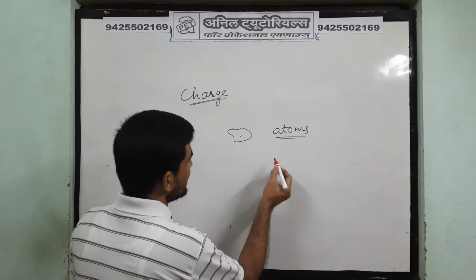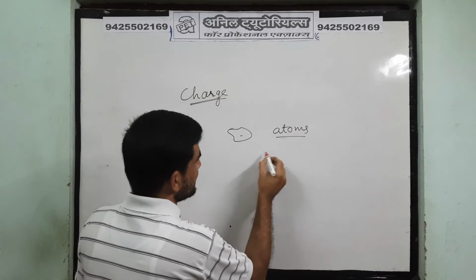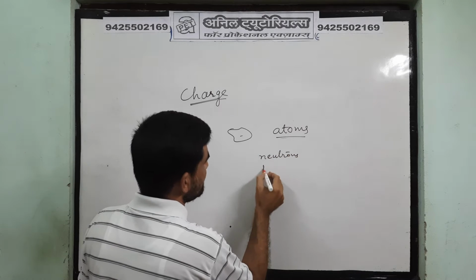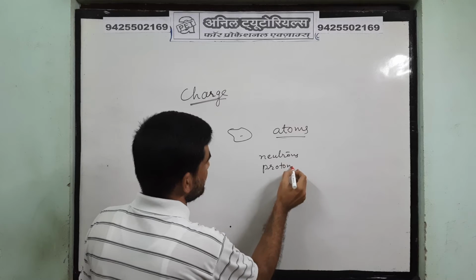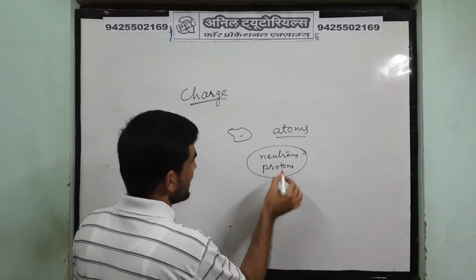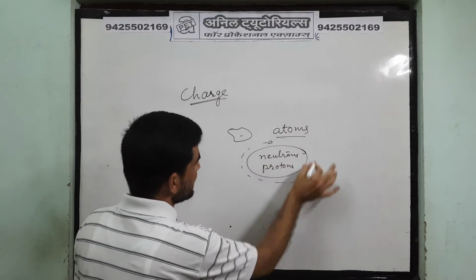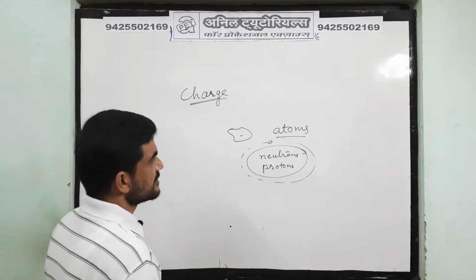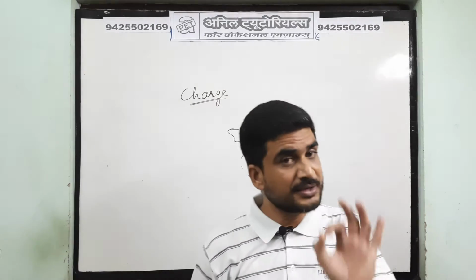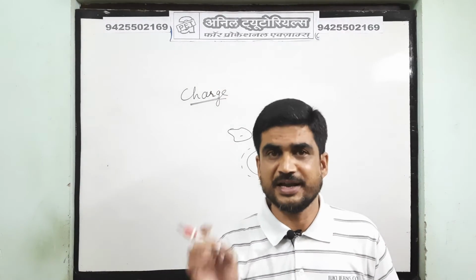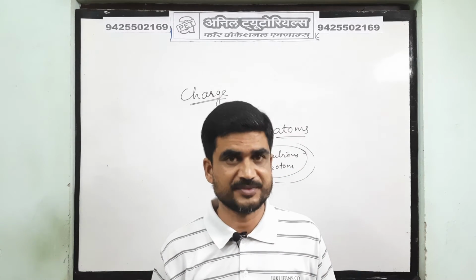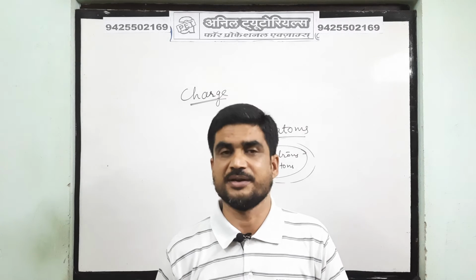So an atom has some neutrons and some protons within the nucleus, and electrons are circulating in particular orbits. In each and every atom, the number of protons and the number of electrons are always equal. That's why it is neutral.